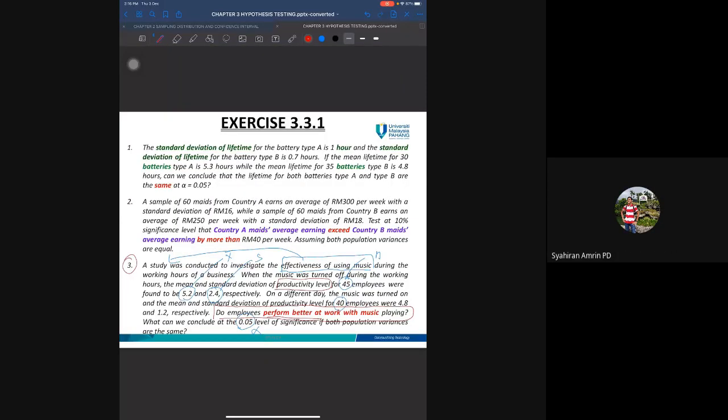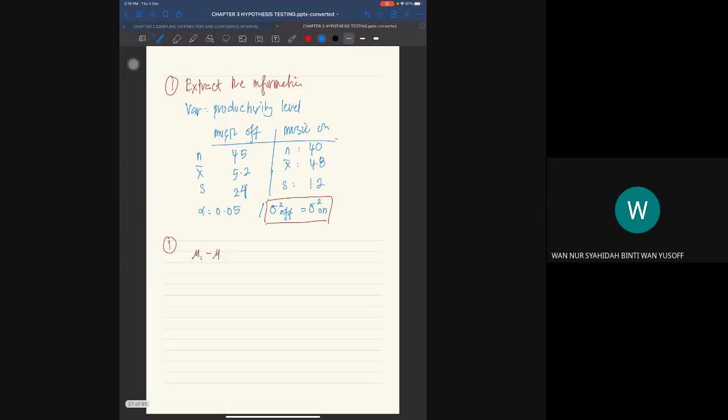Because it mentions perform better at work with music playing. Because of the keyword here, music playing, it must be on first. So on, and then off.